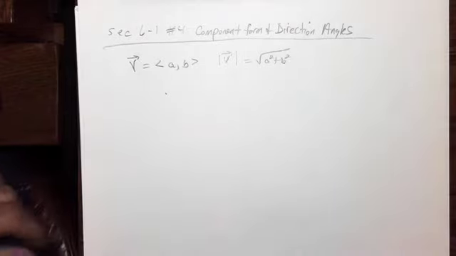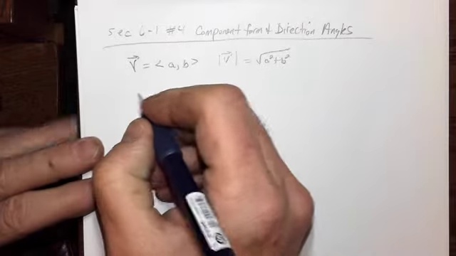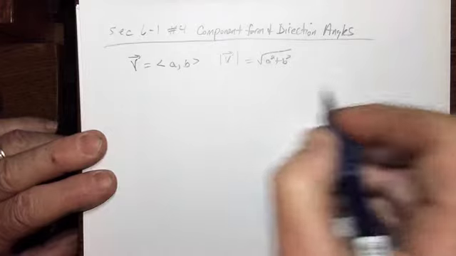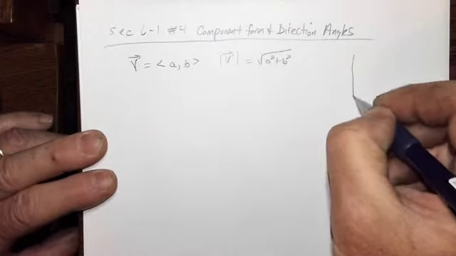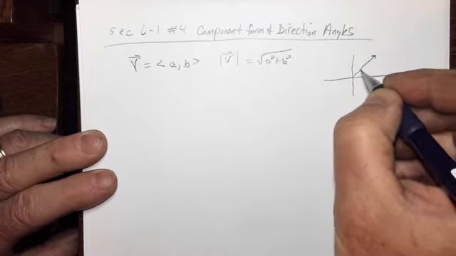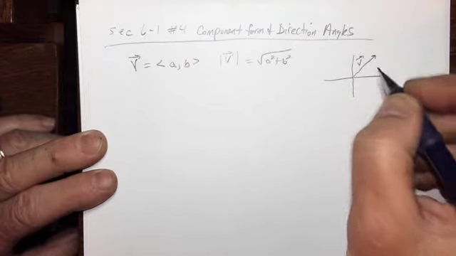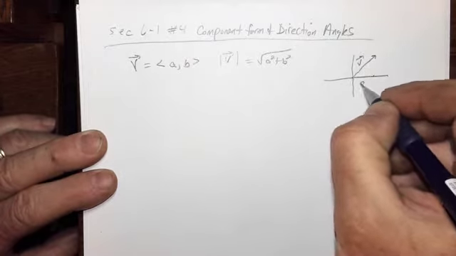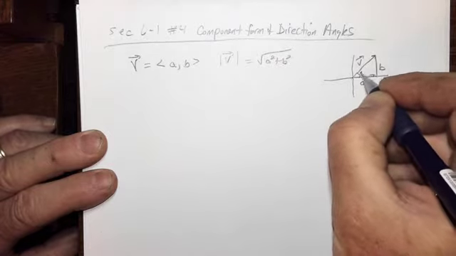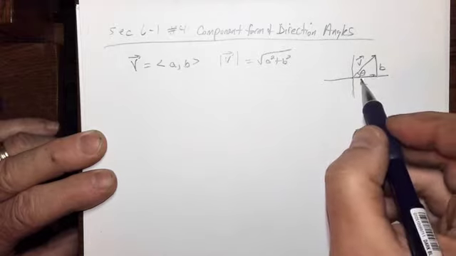To find the direction angle, there's a formula for it, and you can think about it in terms of this. If I had vector v right here, this would be a, this would be b. How would we find this angle right in here?